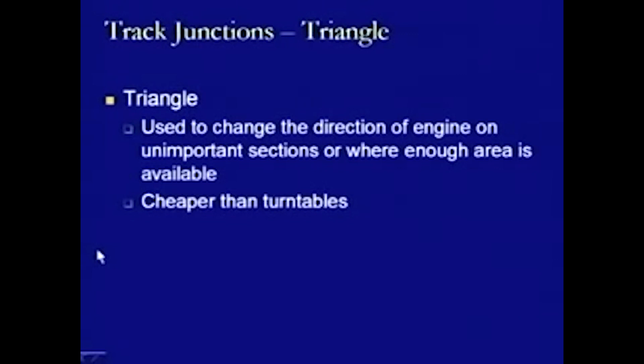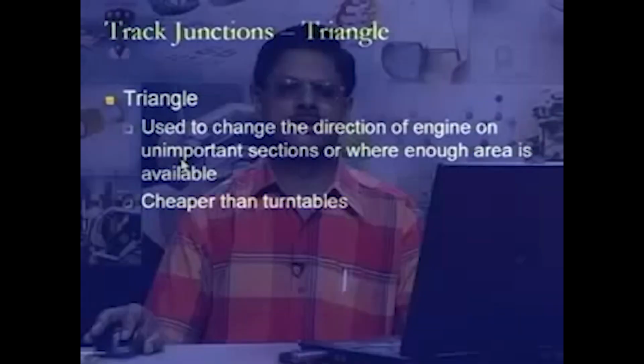That is the facility known as a turntable, but it is very costly and requires a large amount of energy. Whereas the triangle does not require any extra energy, only some directional movement, by which we can reverse the direction of the engine.